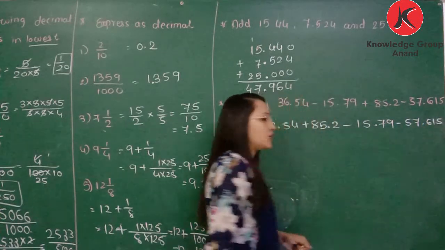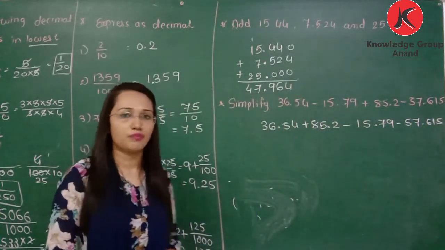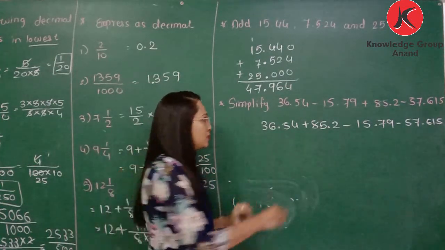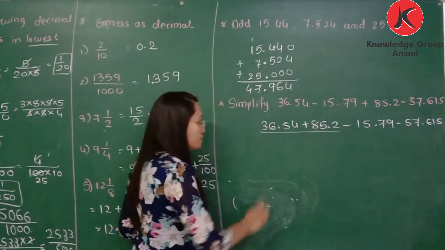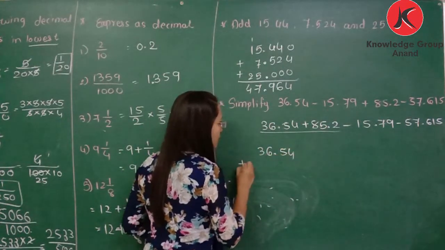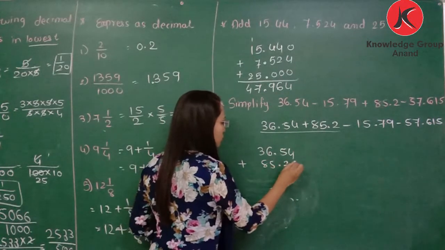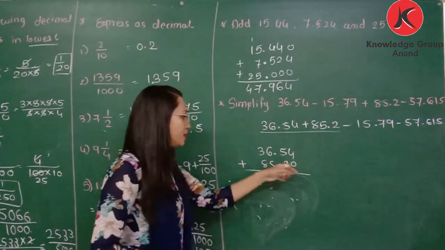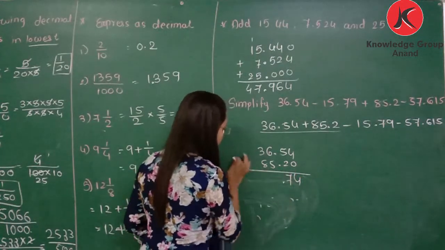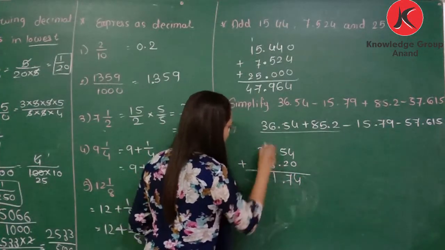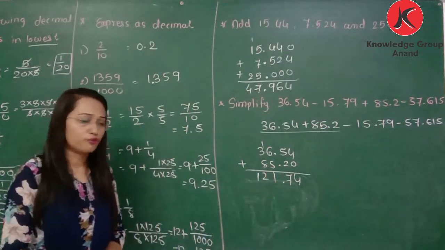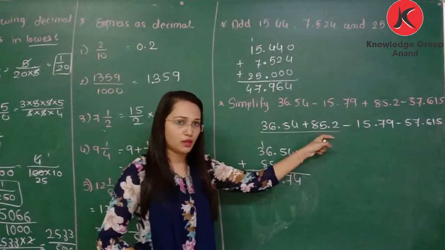As I told you in integers, the integer concept is used all over math, so we apply the integer chapter concept. So here we add 36.54 plus 85.2. Now the 100th digit is 0, so 4, 7 point, here 1. So 121.74, that is the addition of these two decimal numbers.